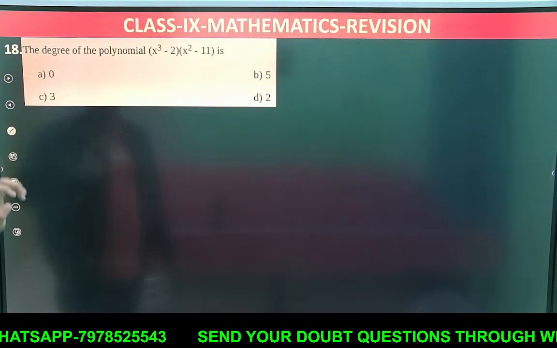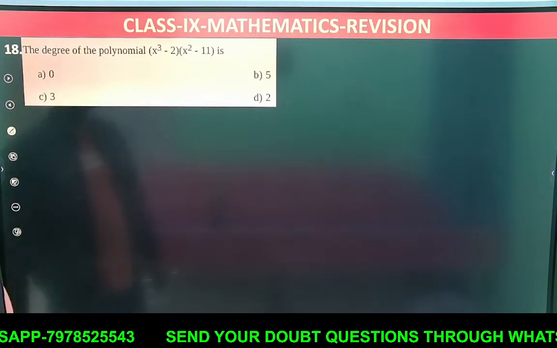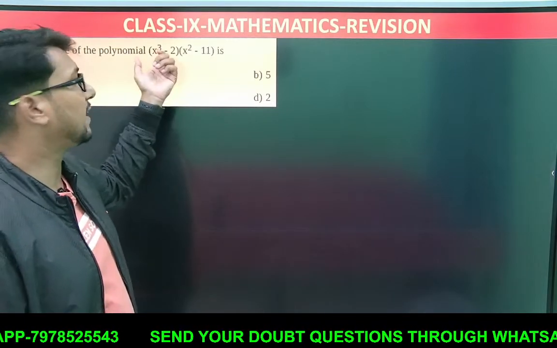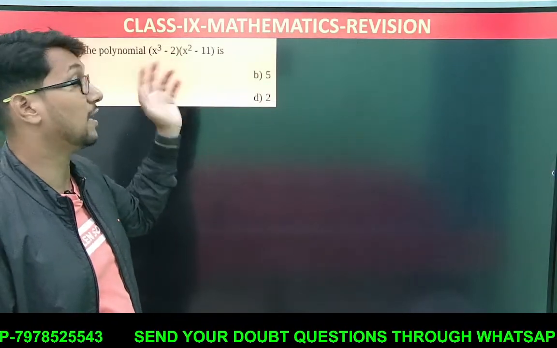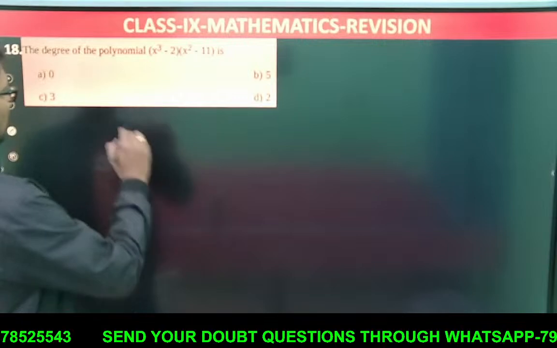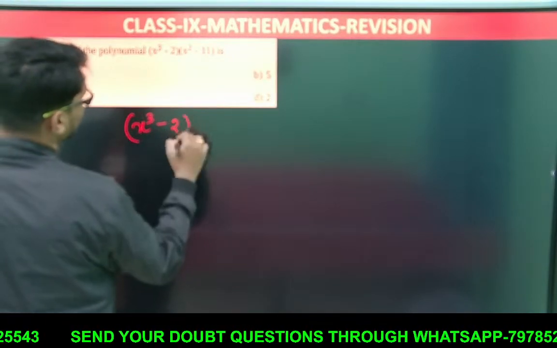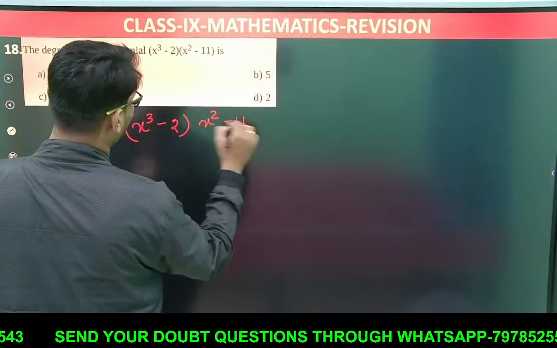Let us move to number 18. It says find the degree of this polynomial. Do not write it is multiplied; let us multiply first, then write the degree. So first simplify: x cube minus 2 multiplied by x square minus 11.